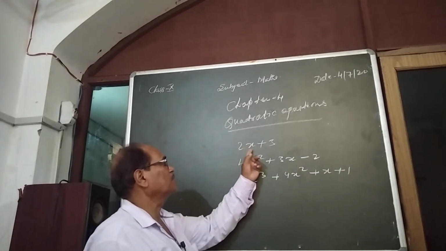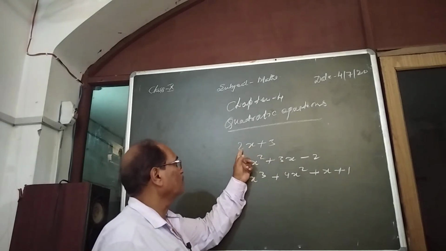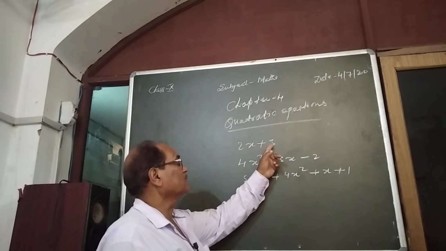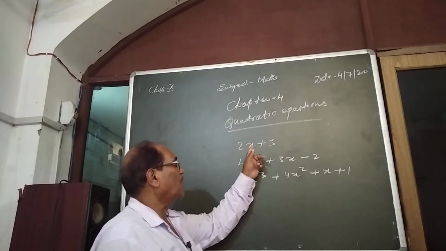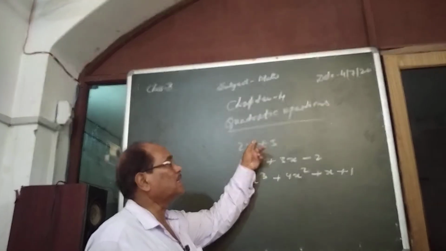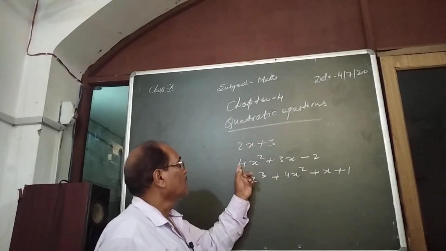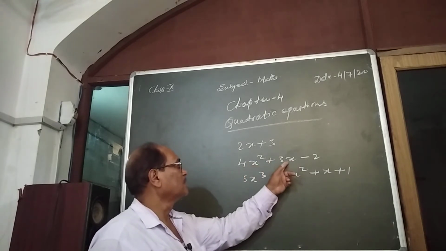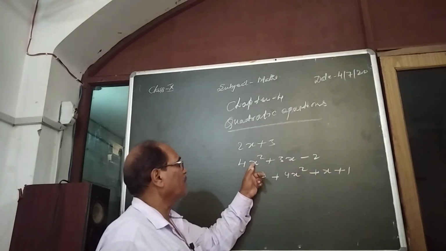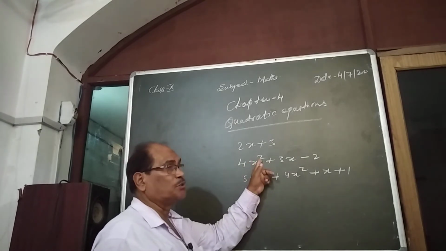The first is 2x plus 3. x is the variable and 2 is the coefficient of x. 3 is the constant. The power or exponent of x is 1, so it is a linear polynomial. In the second one, the variable is x and the exponent of x, that is the power or degree, is 2.